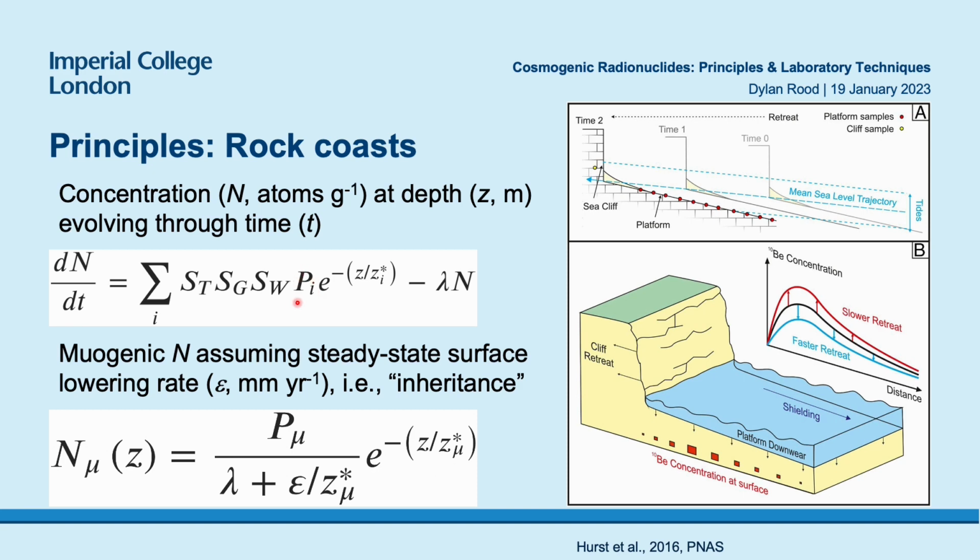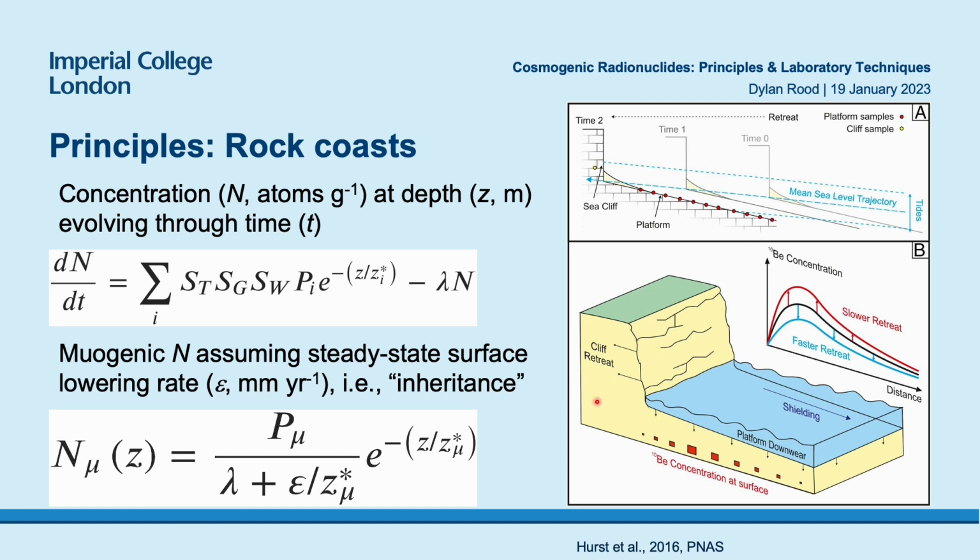Here the production rate decreases exponentially as a function of depth and the attenuation length of the nuclear interactions, whether that be neutrons or muons. And that production rate is scaled as a function of the topographic shielding, the geomagnetic shielding, and the water shielding in the case of these rock coasts. If we collect a suite of samples across the rock platform, as you can see here in cross-section, at increasing distances away from the cliff, we can reconstruct the history of that erosion from those concentrations.